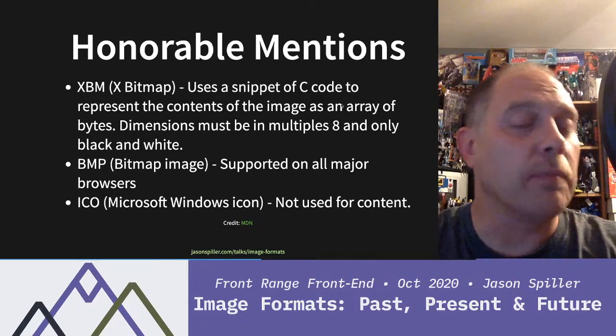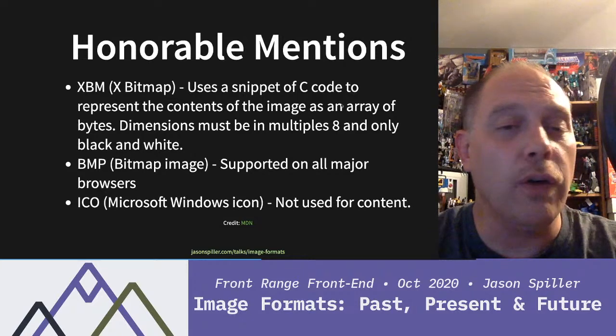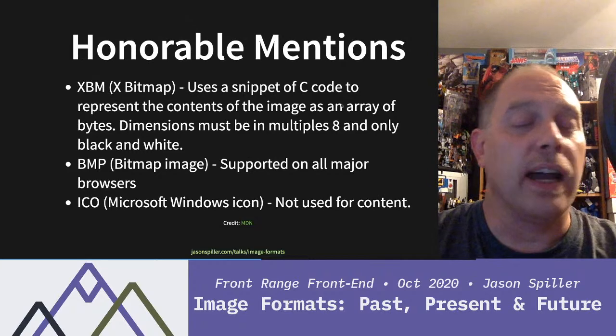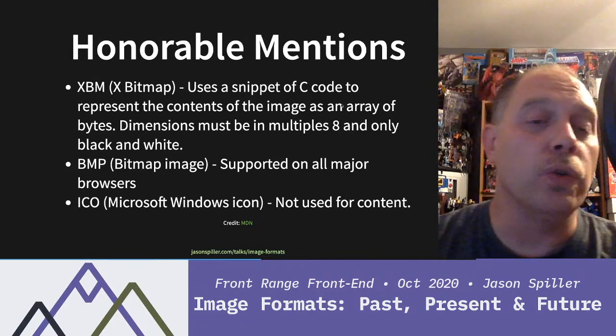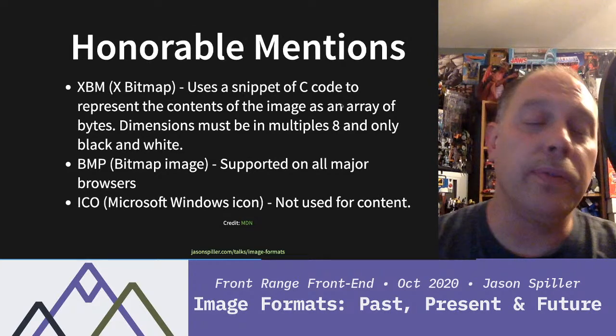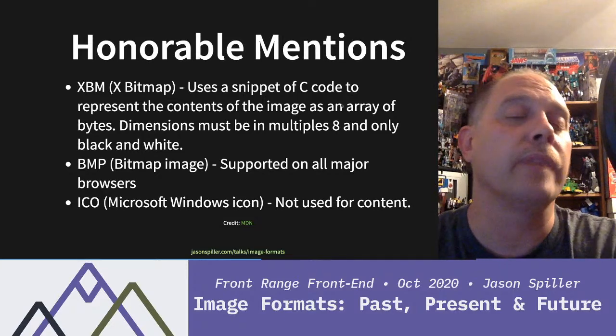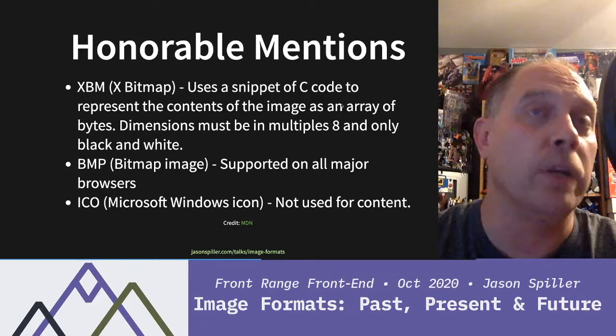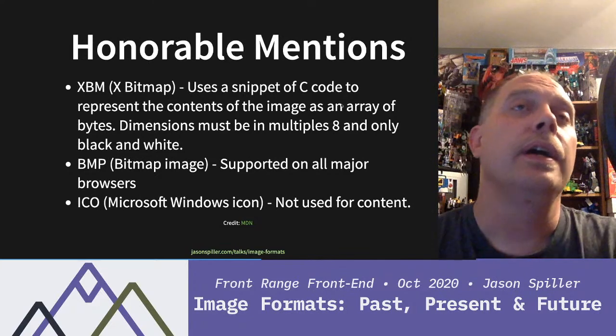Used to be you just created an ICO file, named it favicon.ico, dropped it into the root of your website. Boom, you had a cool little icon in what would have been back then a title bar.